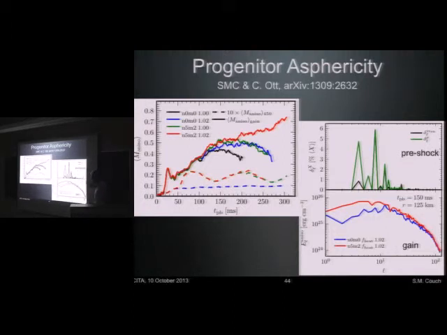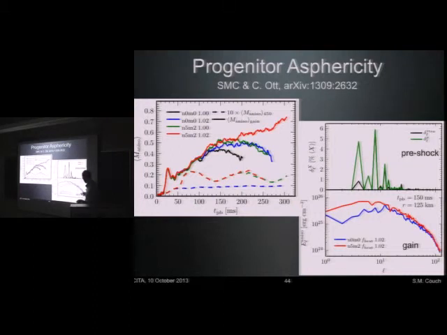And this is pre-shock. If we look at the gain region kinetic energy density for the two critical models, the one that doesn't explode is blue and the one that does explode is red, we see that there is significantly more energy in the exploding model on large scales, starting at about where we put the perturbations in.